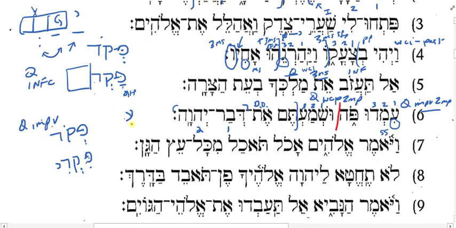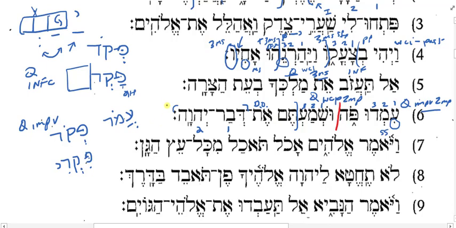So amad would not be a mode with a vocal shva, but what? What would have to go under the ayin? A compound shva. I need a compound shva. Okay, so it's amod, like that. Okay, so you man, stand. Imdu, you men, stand. Okay?